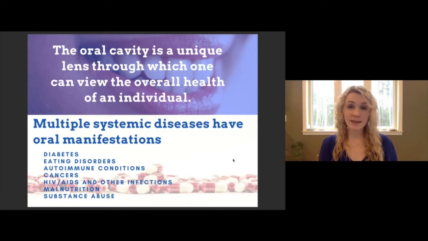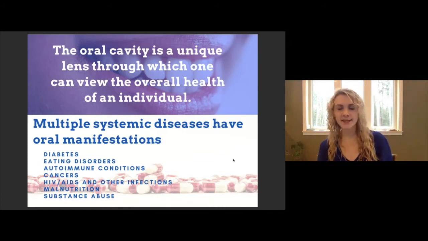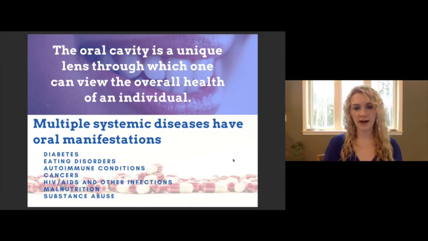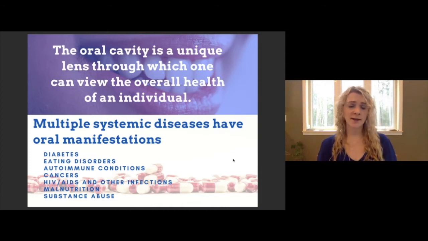These include diabetes, eating disorders, autoimmune conditions, cancers, HIV/AIDS or other infections, malnutrition, substance abuse. Now, this is not a complete list, but those who have access to peeking into the oral cavity may help to locate or diagnose some of these conditions.